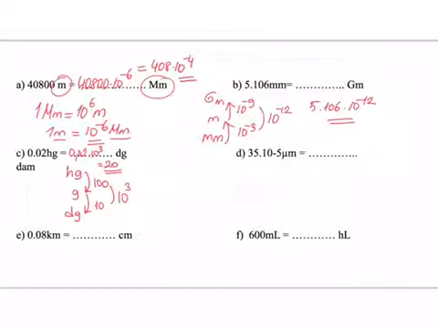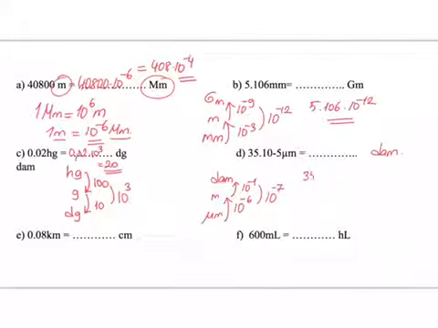D, 35 times 10 to the minus 5 micrometers is equal to how many decameters? I'm converting micrometer into meter and then into decameter. While converting micrometer into meter, I multiply by 10 to the minus 6, and meter into decameter, 10 to the minus 1, so it is equal to multiplying by 10 to the minus 7.